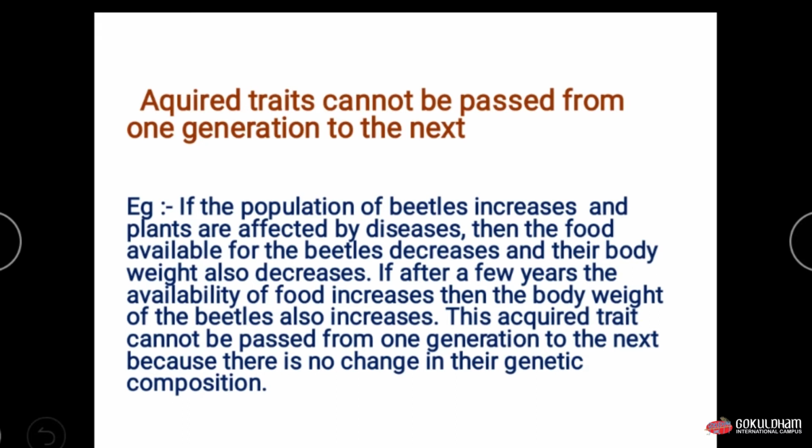Acquired characters are not transferred from one generation to another.